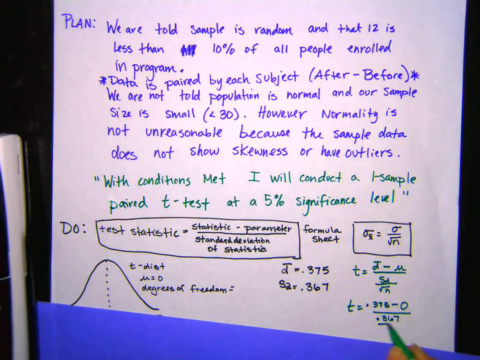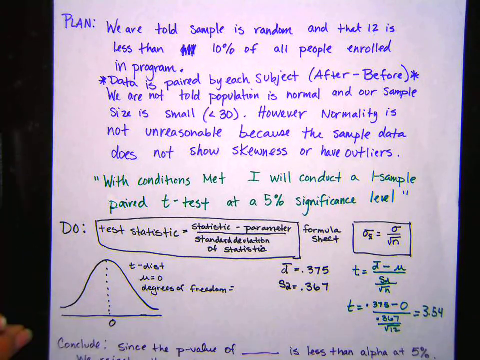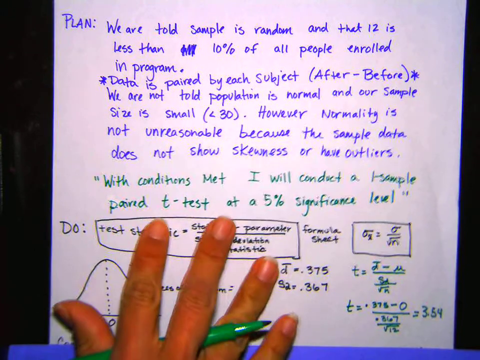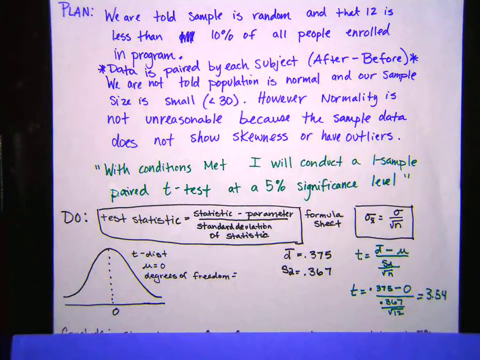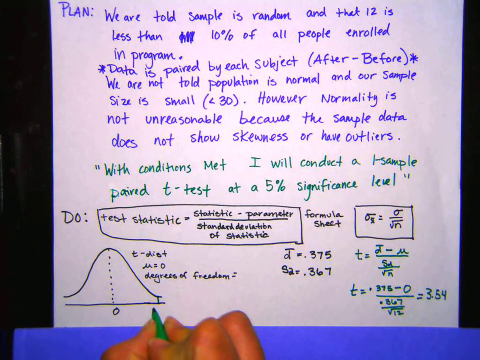When I calculate this test statistic, I end up with 3.54. So if I'm going to sketch that on my graph I have here, 3.54, that's pretty far out here. But I have to calculate the p-value so I can compare the p-value.